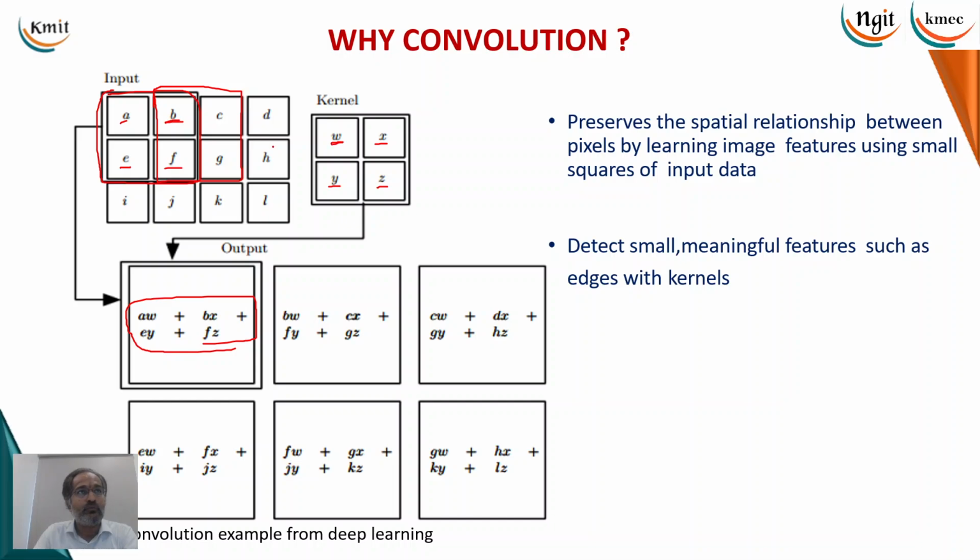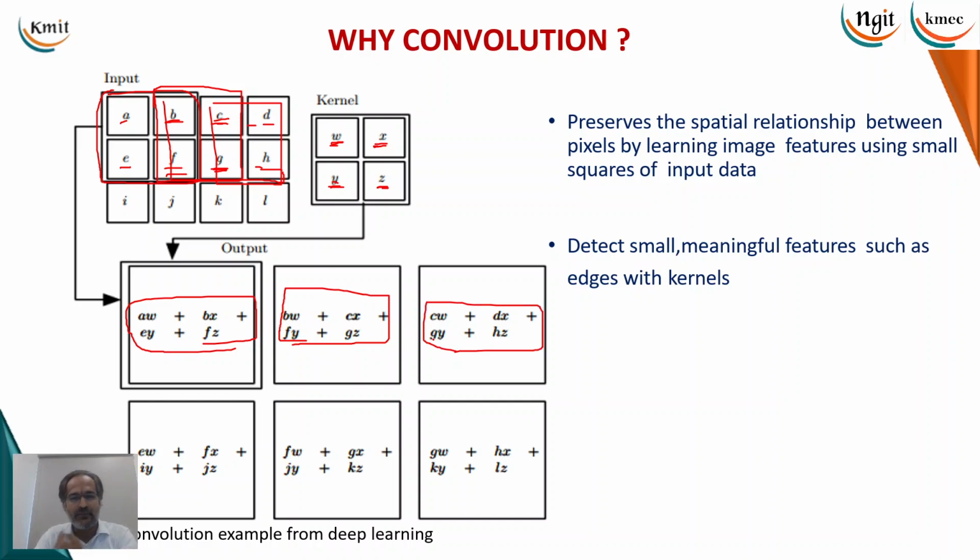So BW plus CX plus FY plus GZ. This is the second value we get. And again we move to the next location, CDGH. Now the receptive field result will be CW plus DX plus GY plus HZ.